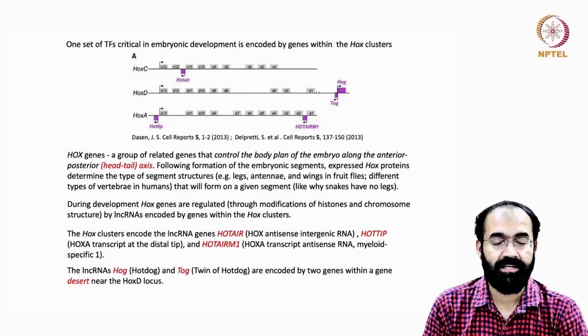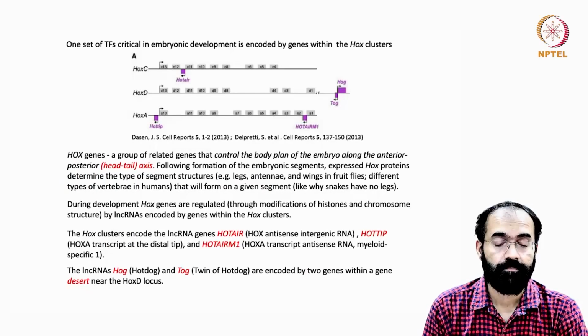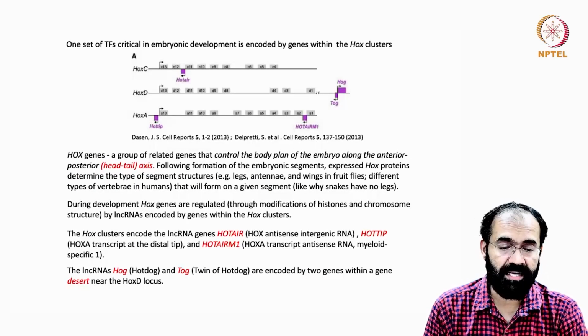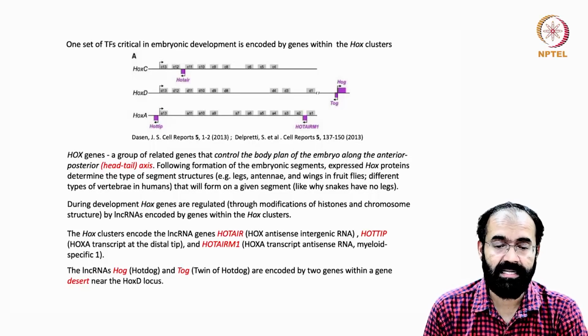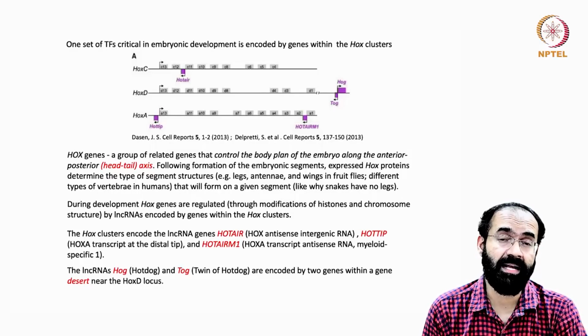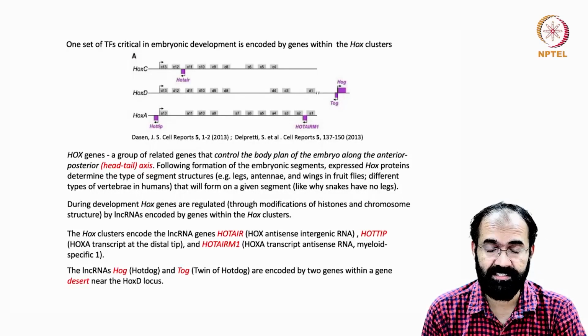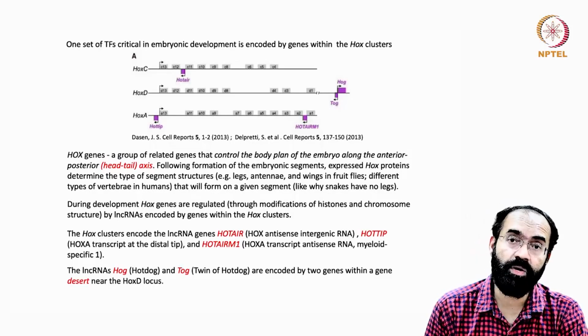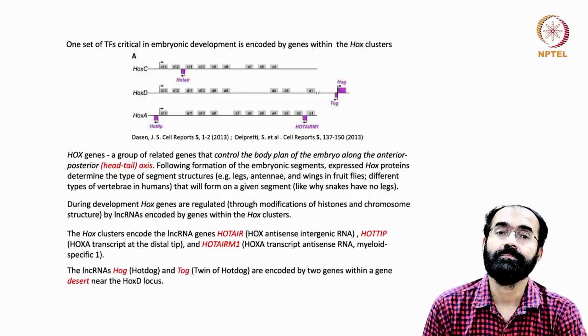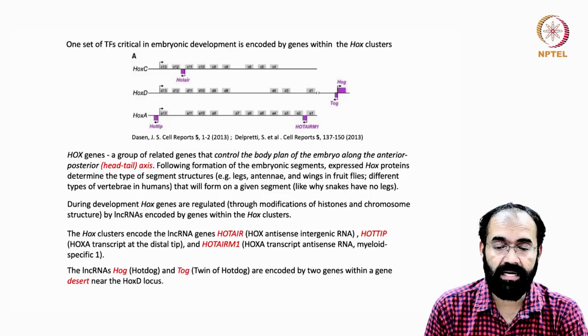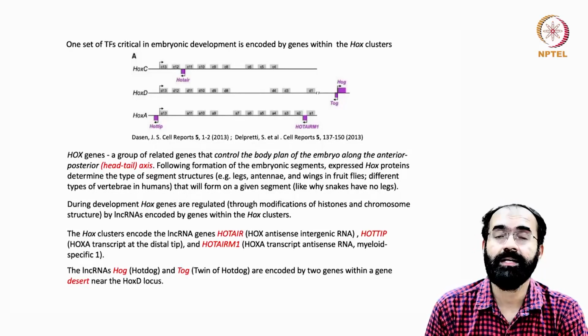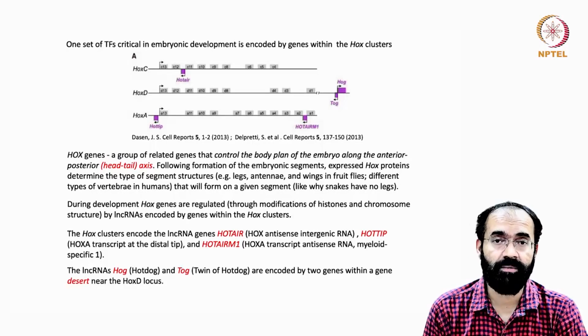Now let us see one set of factors that are critical in development. It is mainly required and necessitated for embryonic development, and this is a bunch of non-coding RNAs, and we usually refer to them as the Hox clusters.